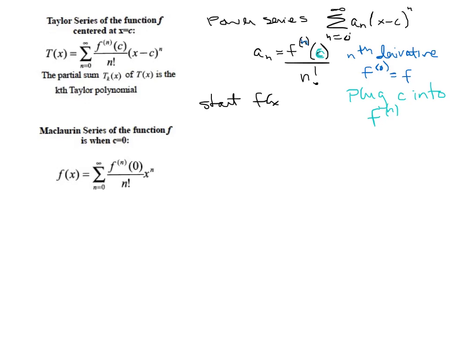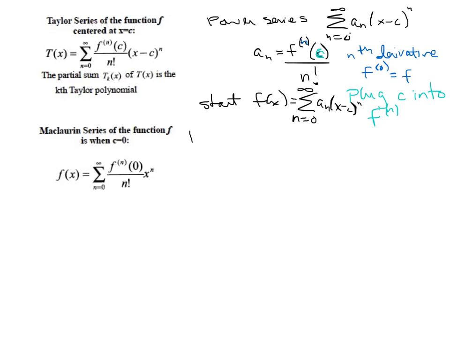So we're going to start with some function, and we know that we can represent a function with a power series. So we can represent a function as the sum from n equals 0 to infinity of a sub n, x minus c to the n. We're representing it as a power series.